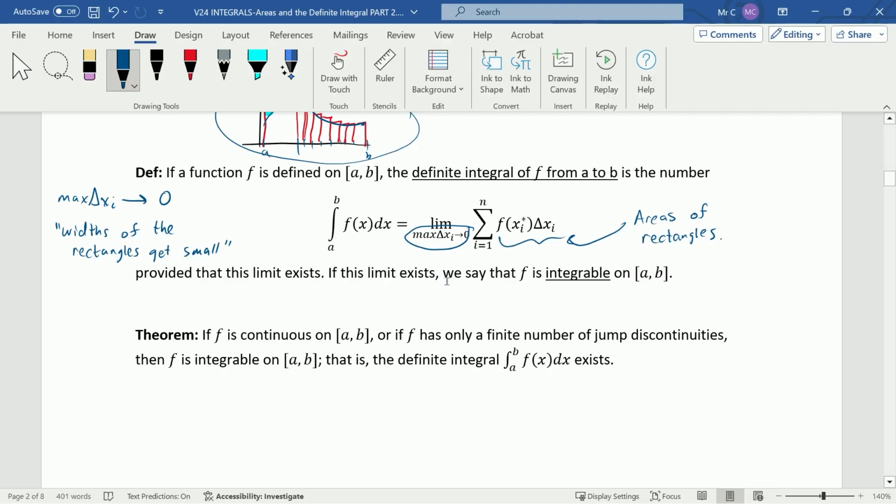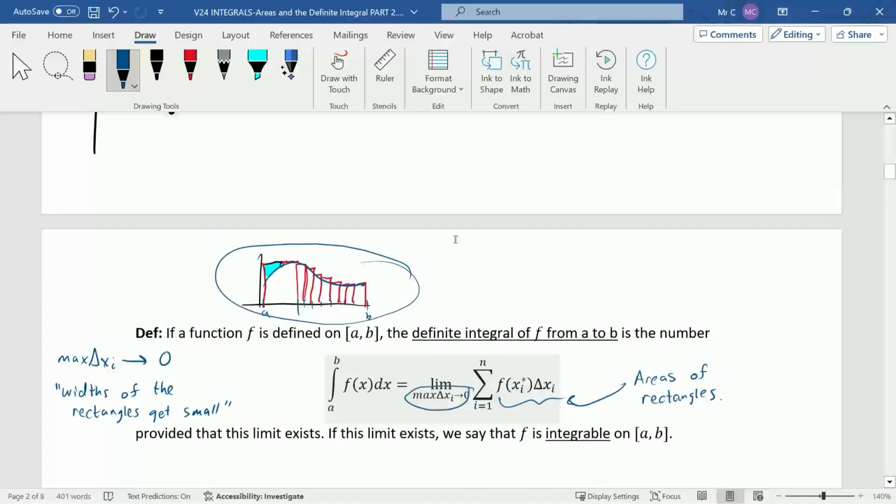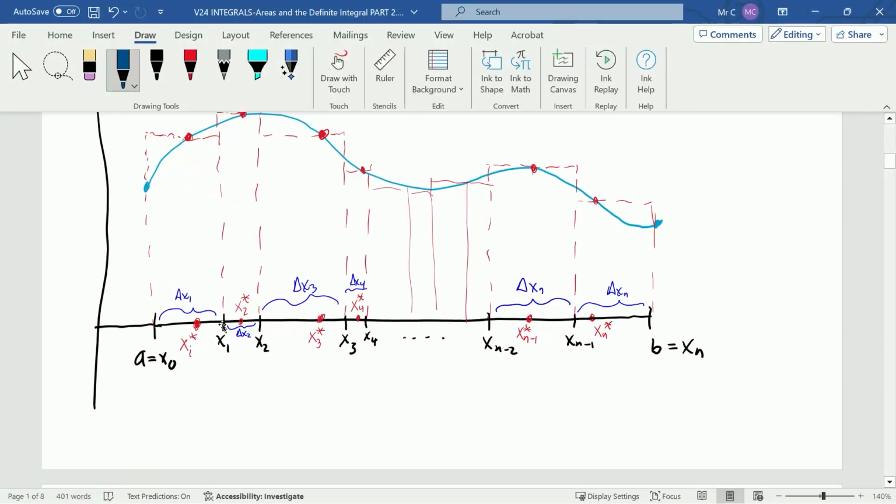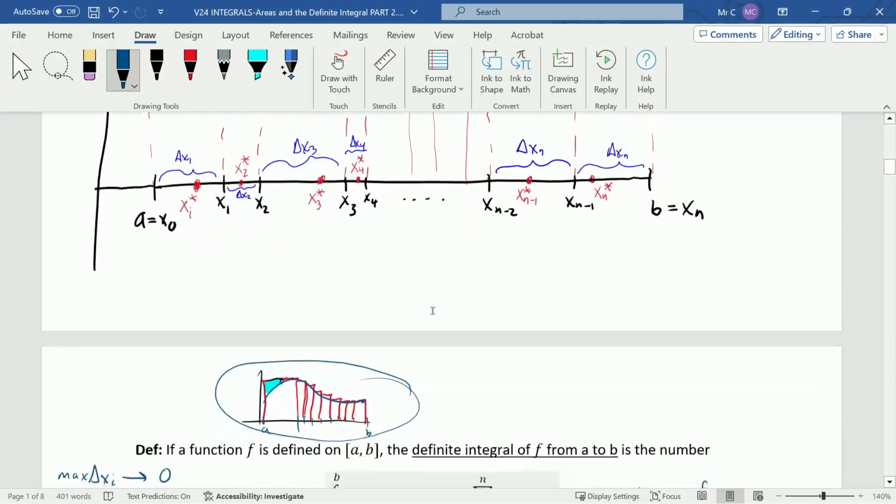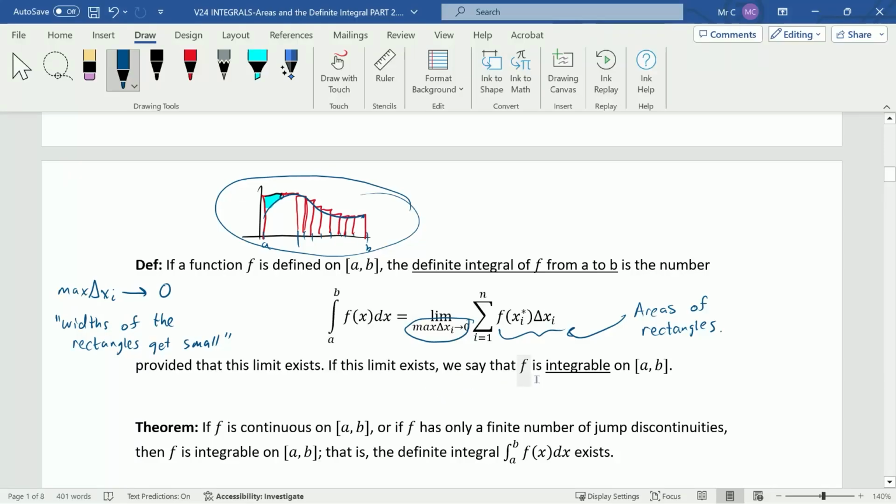Here, it is much more complicated because there are infinitely many ways you can subdivide these intervals. Saying that this limit exists means that no matter how I subdivide these intervals, that limit gets the same answer. That's pretty tricky.